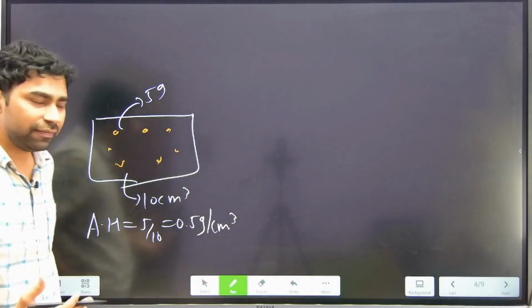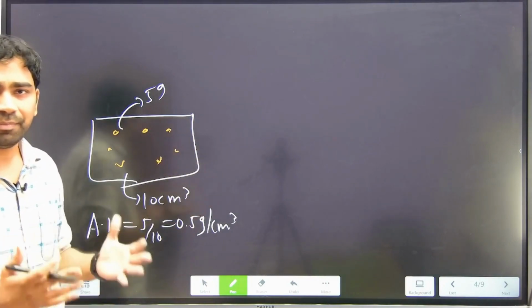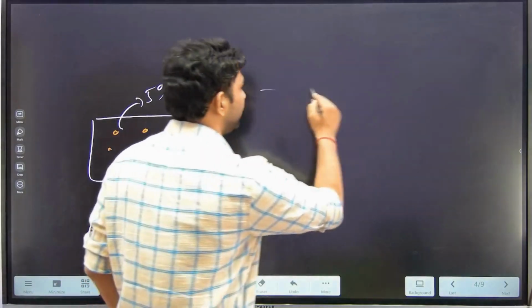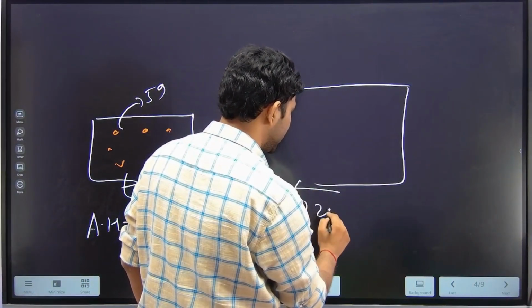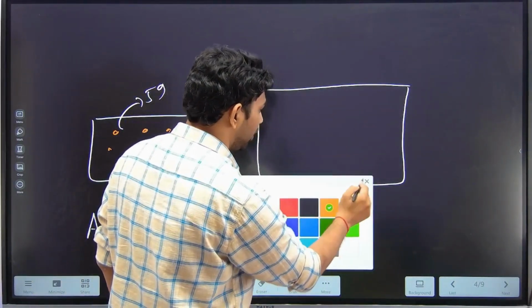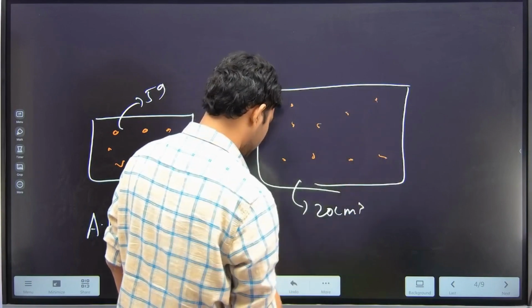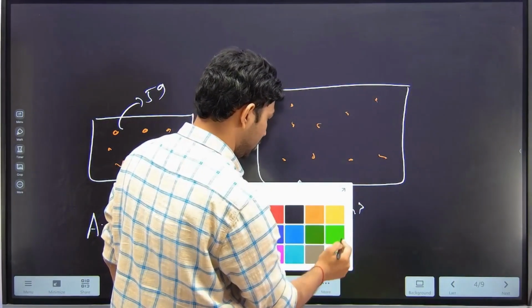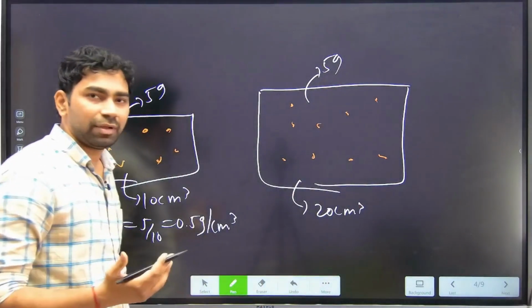Okay, now if this volume of air expands because of some temperature rise and becomes 20 centimeter cube, but the water vapor content is the same, that is 5 gram, then what will be the absolute humidity?